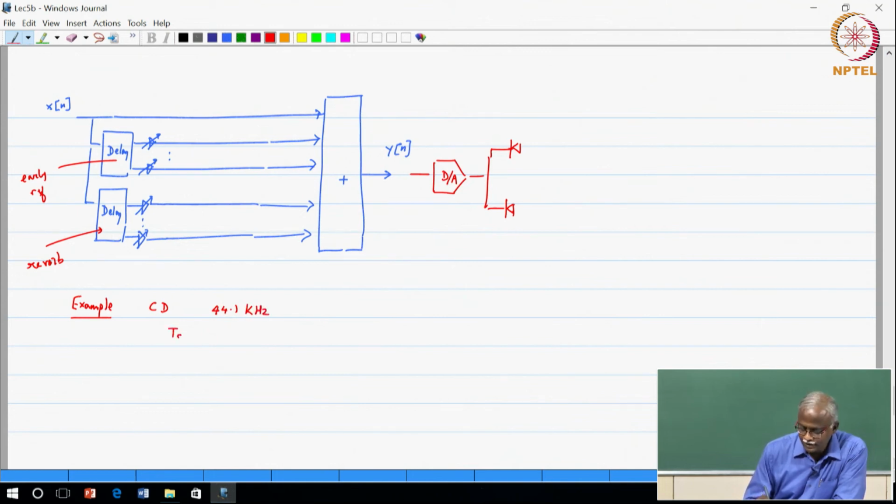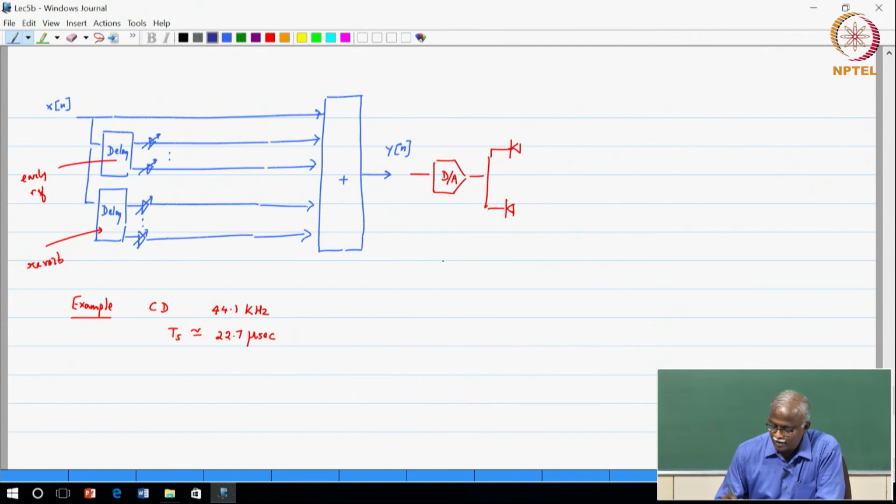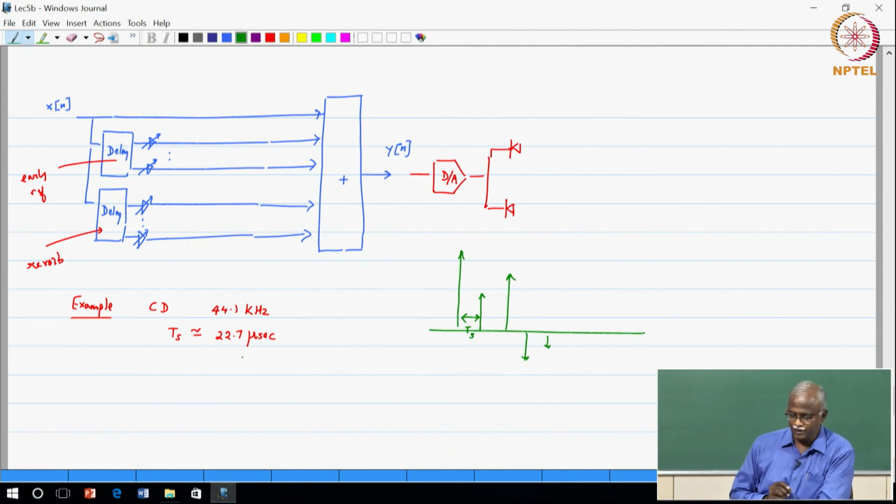Sampling period is approximately 22.7 microseconds. The samples of your music are coming at a sample spacing of 22.7 microseconds. So this spacing is your TS, which is 22.7 microseconds.